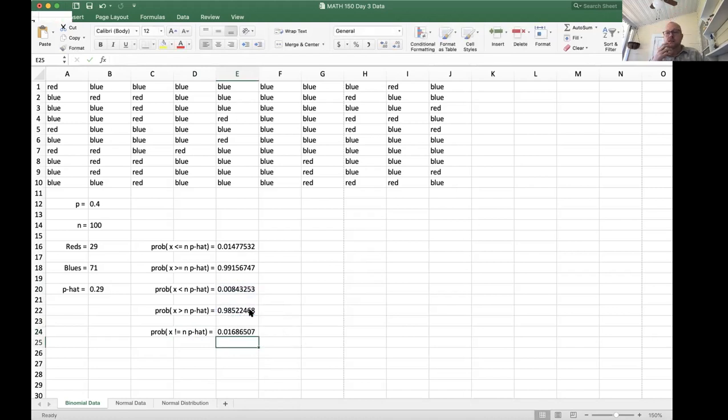Now, the thing is that what we're doing is looking at this probability that you get extreme cases, right? And so consequently, we're thinking about probabilities that happen out on the ends. And when we do this and do the not equal to part, we're doing something called a two-tailed test.